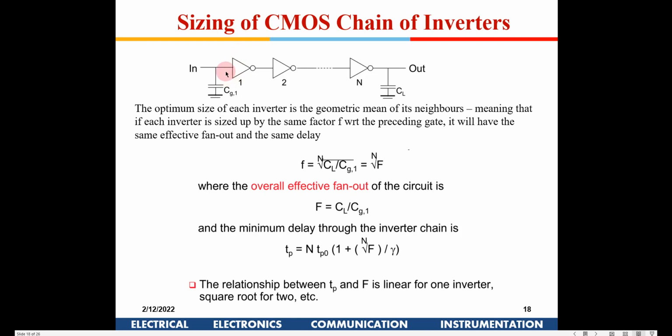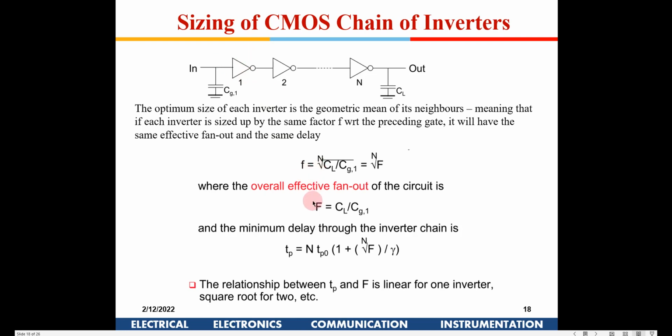We are assuming, as of now, that from here to here, the sizes are geometrically progressing. That is why we are writing it as an f for each. Small f is for each of these stages from here to here.